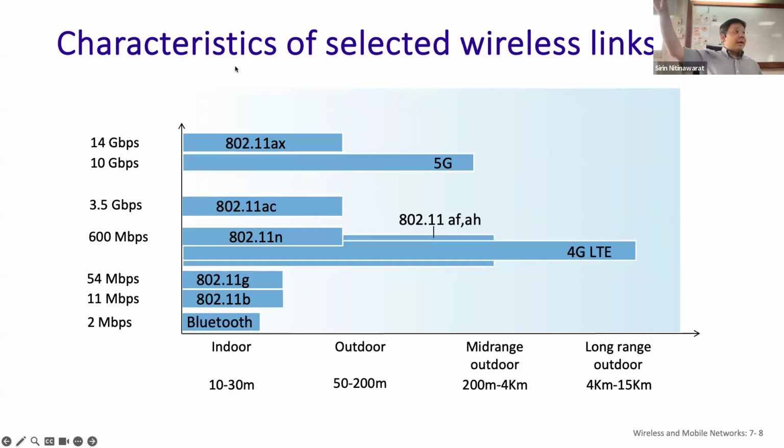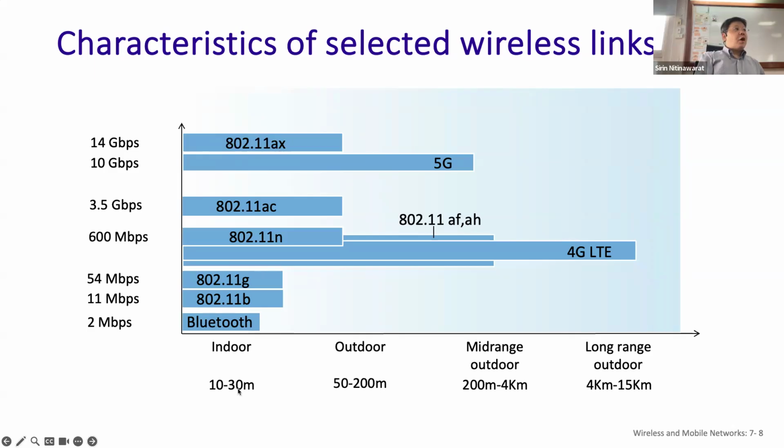So there are many bars. Which ones are cellular, which ones are Wi-Fi? You can see them from the names, because Wi-Fi, in terms of standardization, has the common numerical preamble to the protocol, that is 802.11.